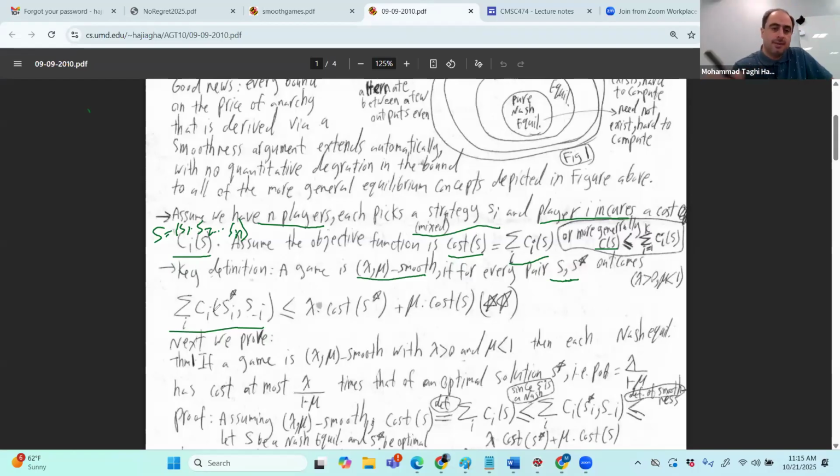What's the meaning of smoothness? It means that you consider a new strategy profile in which only for the i-th guy, I am using the strategy S_i star, and for everyone else, I am using the strategy that they had in S. Good. So I will sum it up over all i's.